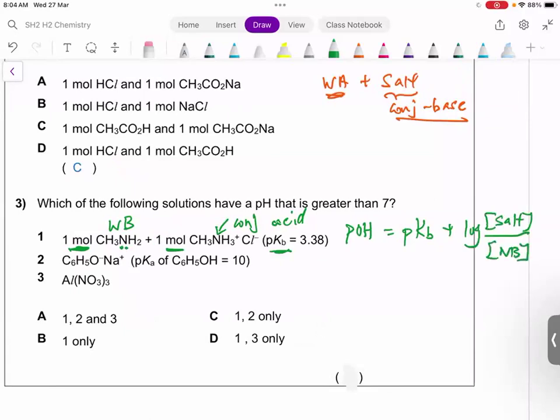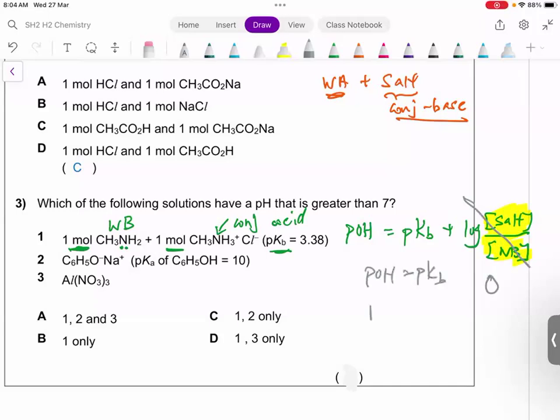So this is how you can calculate the pH of a buffer, all right? So when this fraction over here is 1/1, what does it mean? This is a buffer and it's operating at maximum buffer capacity. In this case, this whole log term will become 0. So pOH will equal pKb.